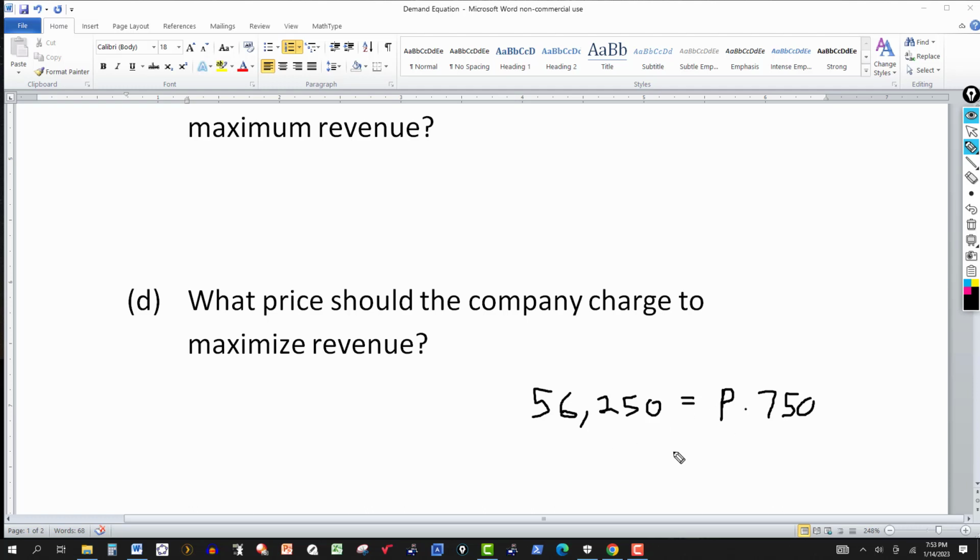What would be the price? Well, we just solve this for P. Divide through by 750, it cancels over here, and then 750 on this side. So the price that needs to be charged in order to maximize the revenue is 56,250 divided by 750.